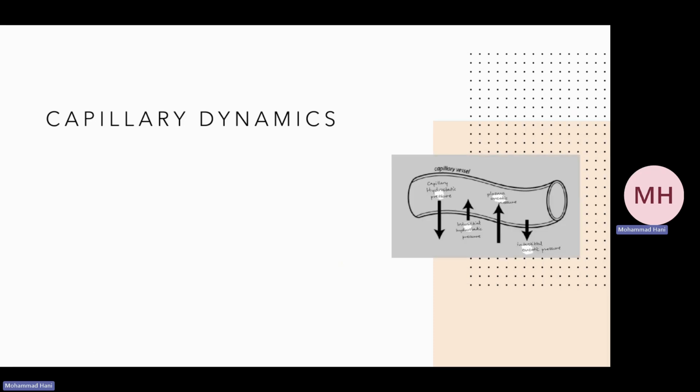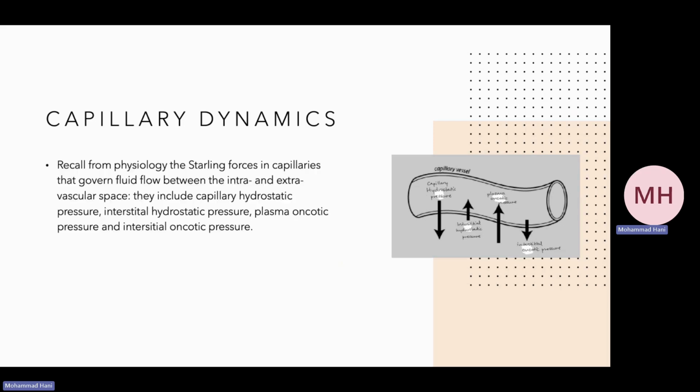from physiology and the forces that govern the fluid exchange between the capillaries and the interstitium. So you have the main four starting forces, which are the capillary hydrostatic pressure, basically the blood pressure or the capillary pressure, which forces the fluid plasma out into the interstitium.